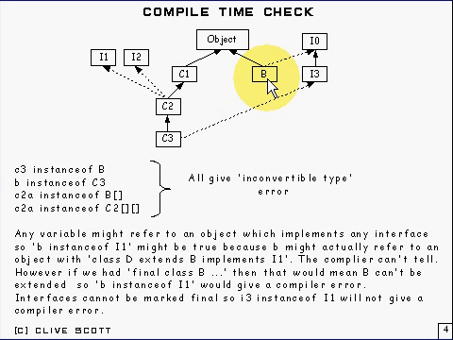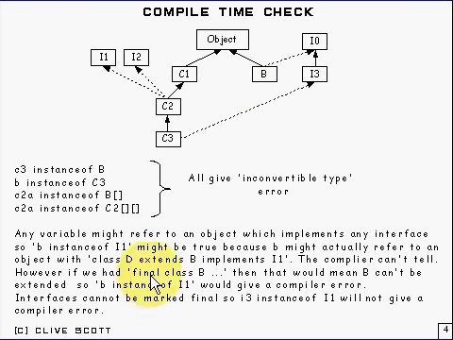So since any class can implement an interface, a class lower down in the tree than B might be referred to by B and might in fact implement I1. So that's why that doesn't give a compile time error. Obviously, with classes, they can only extend one other class, so that's fairly simple to see compile time errors. But in the case of implementation, that's not so straightforward.